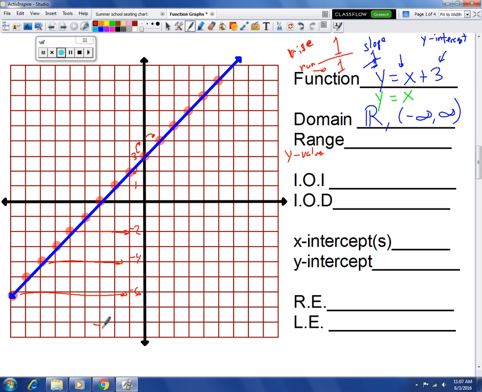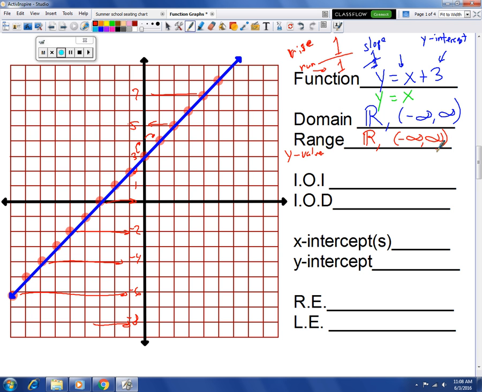It'll hit -8, -9. This point has an answer of 0. Y values are answers. This y answer is positive 5. That y answer is 7, and so on. It's all real numbers. Seems very monotonous, but just try to think it out.